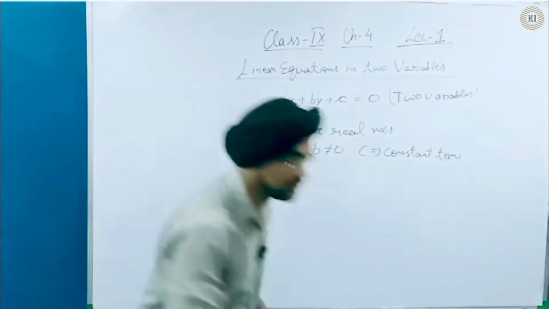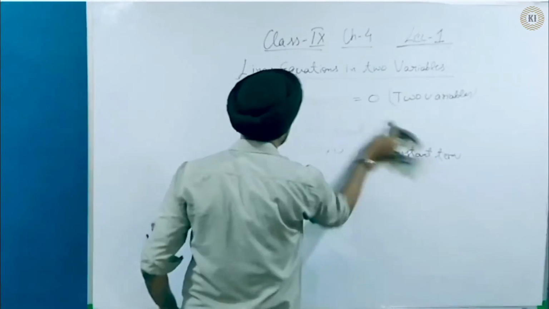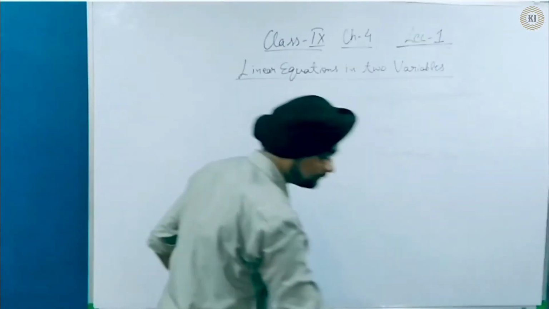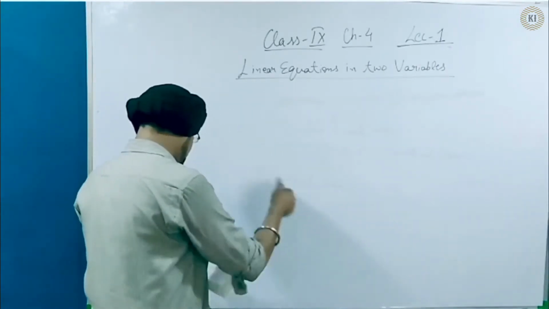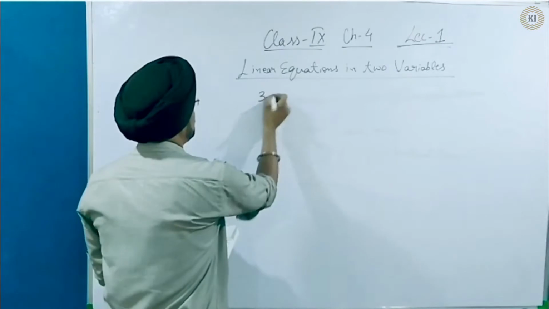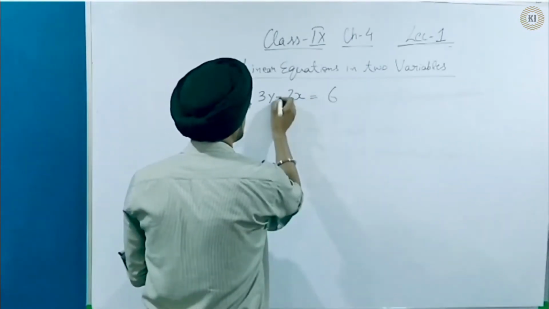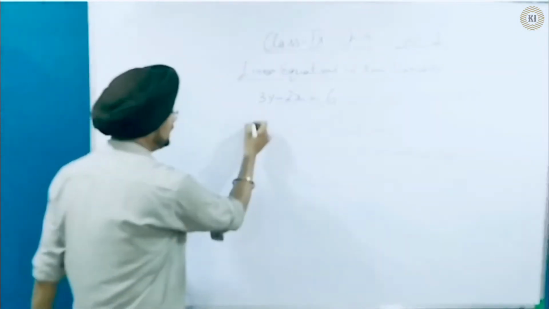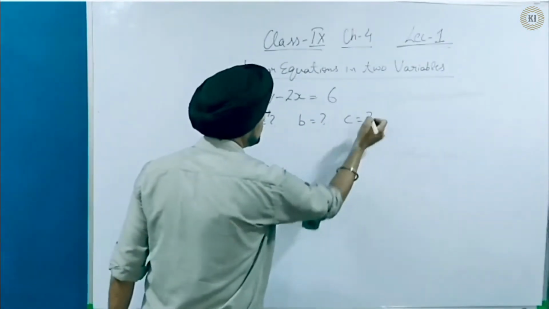Now see the first question. The question is given as 3y minus 2x is equal to 6. In this question you have to calculate the value of a, the value of b and the value of c.